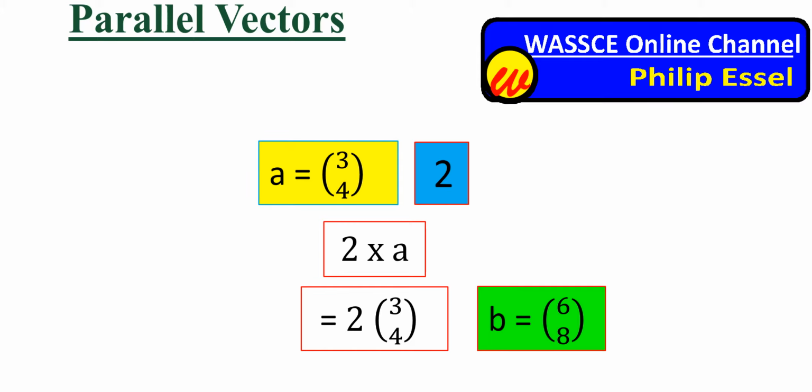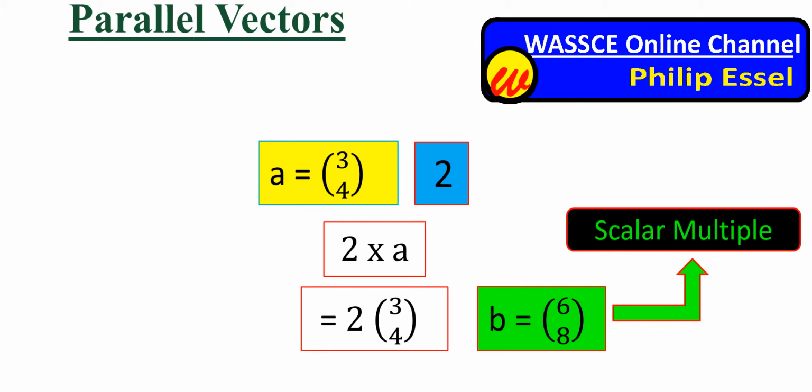Because we got the vector B by multiplying a scalar to the vector A, we would say that the vector B is a scalar multiple of the vector A. Now, this is where I need you to pay attention. I will need you to remember all the time that a vector and its scalar multiple are always parallel.